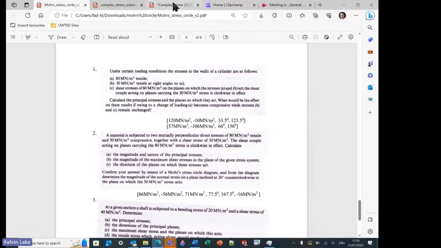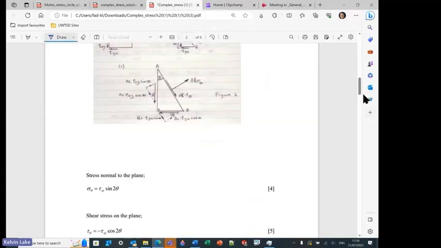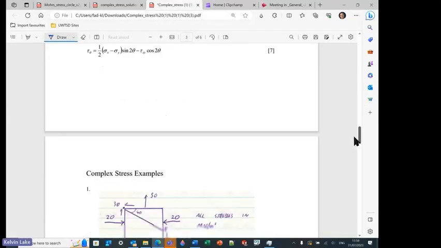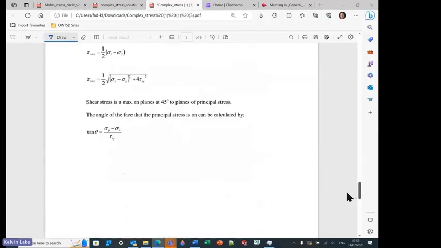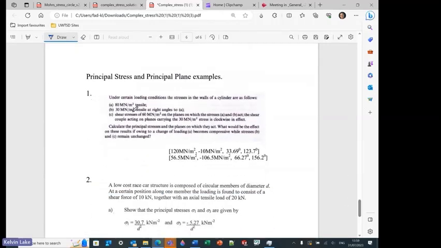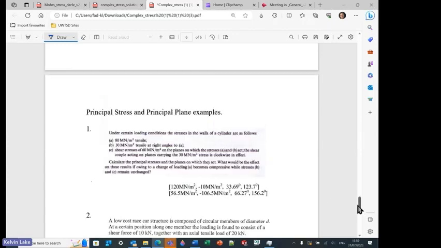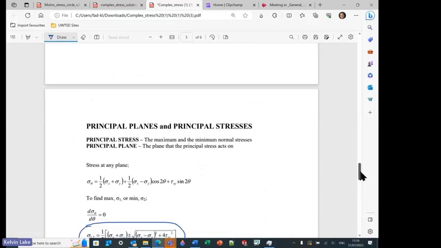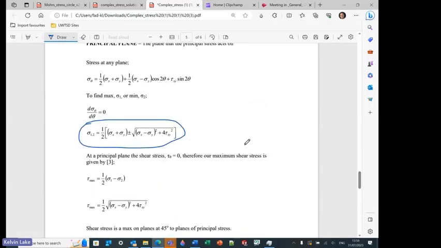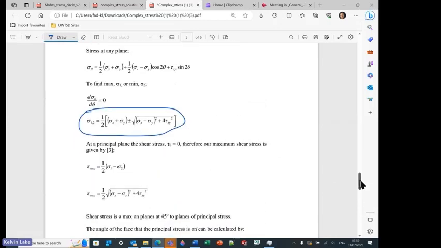If we look at our complex stress handout, which was this one, and we have a look at the question in there. Question number 1, under certain loading conditions, the stresses in the walls of a cylinder are as follows, 80 and 30. Okay, so previously we've answered that question using equations. So we've used that equation there, for example, to work out what our principal stresses are.